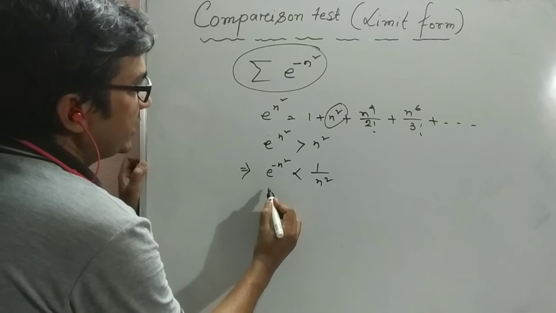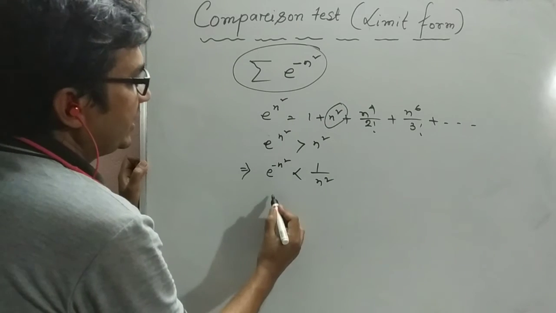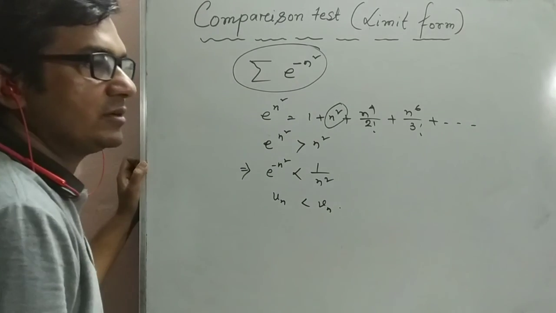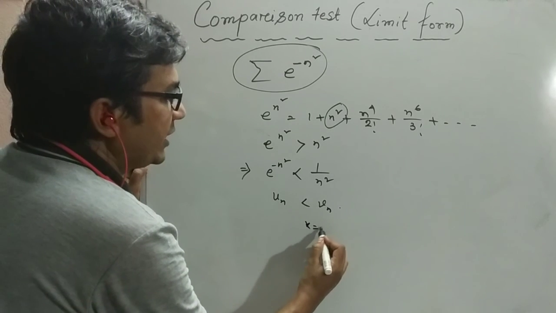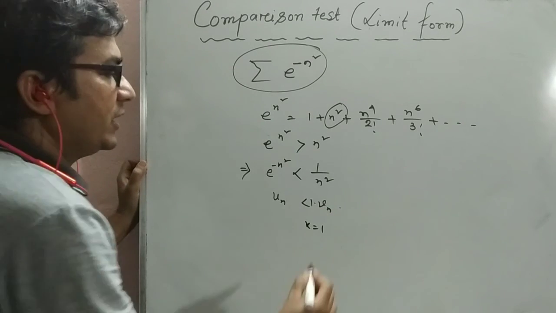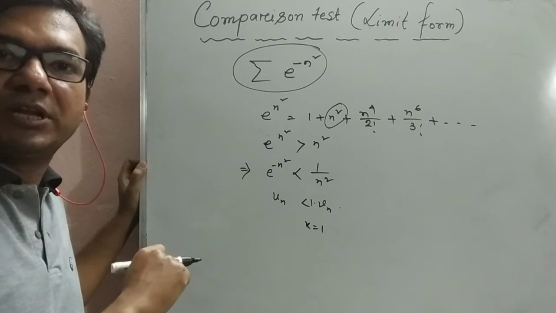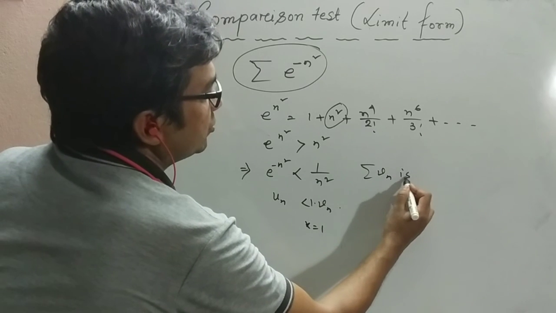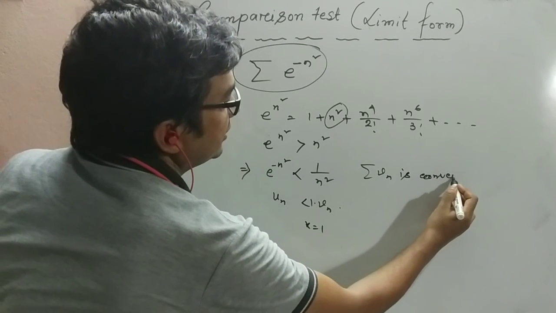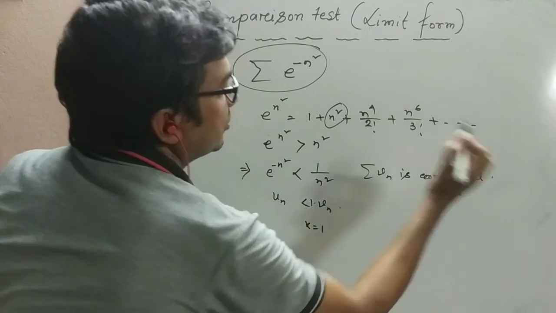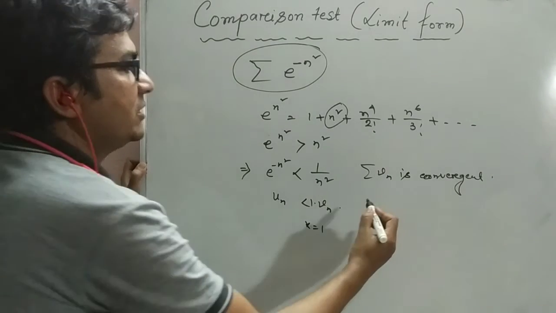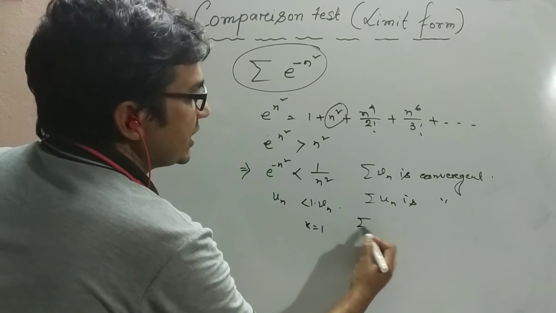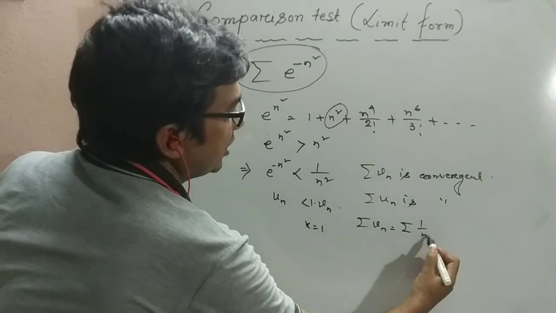So if we consider un, and this side is Vn, and here constant k equal to 1. Now by the comparison test in general form, we say that if summation Vn is convergent, then summation un is also convergent, and we know that summation Vn equal to summation 1 by n square.